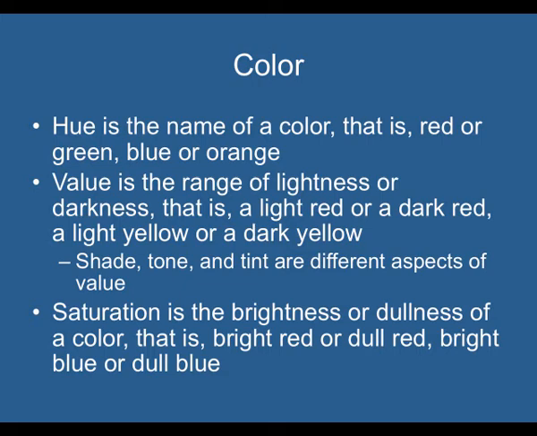The lightness or darkness. Or saturation could be the brightness or darkness of the color. So it could be a bright red or a dull red. Bright blue or dull blue. And it's different than light or dark. We can think of brightness almost as the luminosity. How much does something appear to shine or not on the page, or appear to be muted on the page?